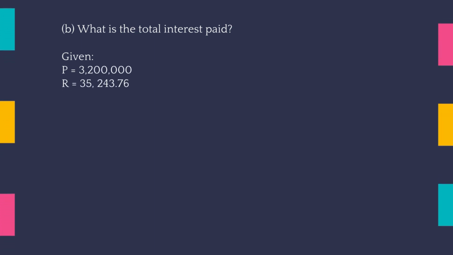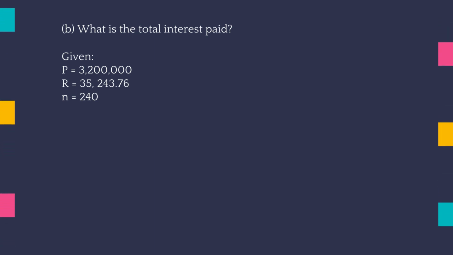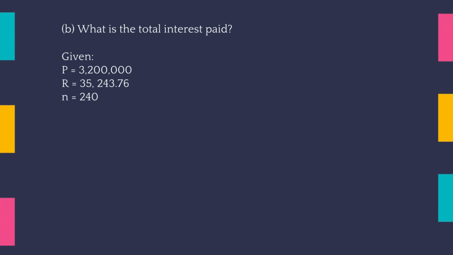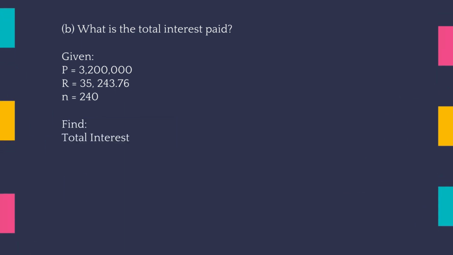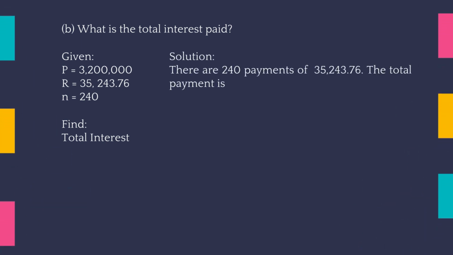So next is, what is the total interest paid? The given for this problem is the principal, which is equal to 3,200,000. The monthly payment, or the R, is equal to 35,243.76, and the N, or the number of payments, is equal to 240. So we need to find the total interest. In order to find the total interest, we need to find first the total payment.